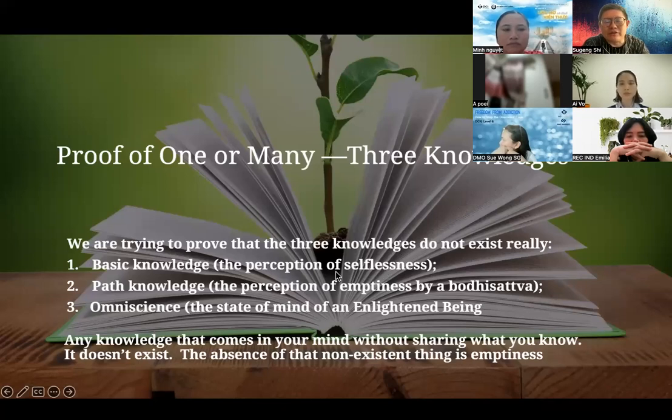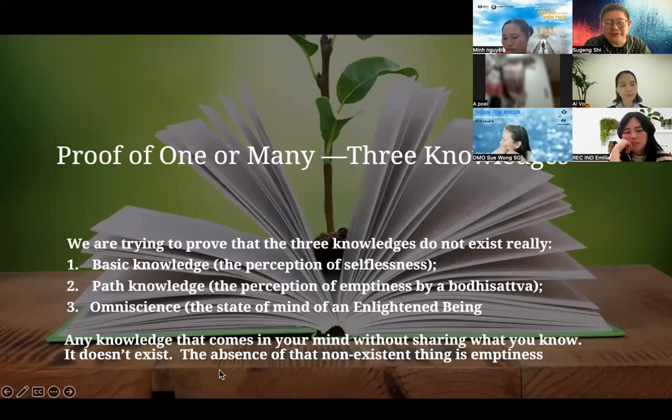We can say the perception of the absence of self. Path knowledge is the perception of emptiness by a bodhisattva, meaning that it has the bodhichitta. And finally, omniscience, the state of the mind of an enlightened being. So the conclusion is that any knowledge that comes in your mind without sharing what you know doesn't exist.